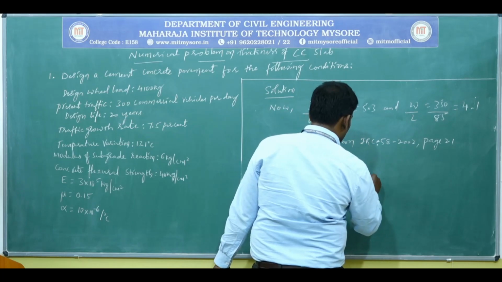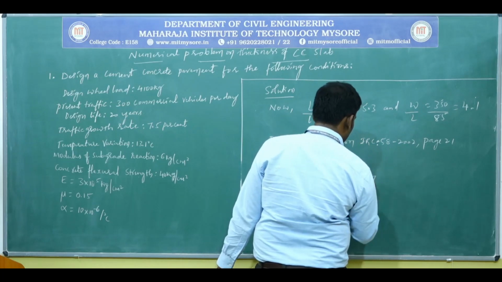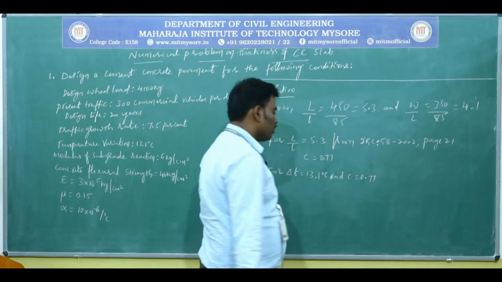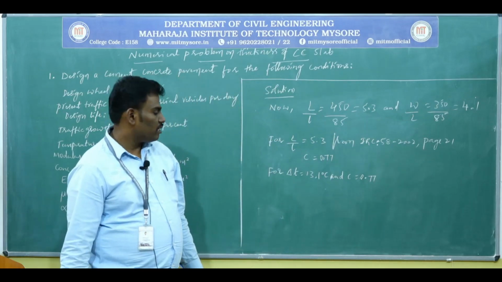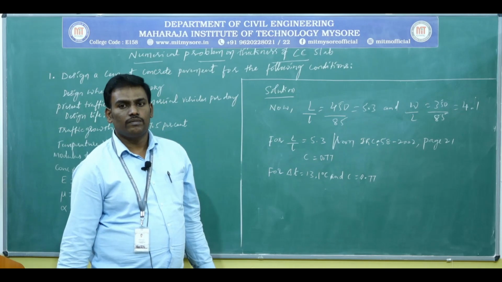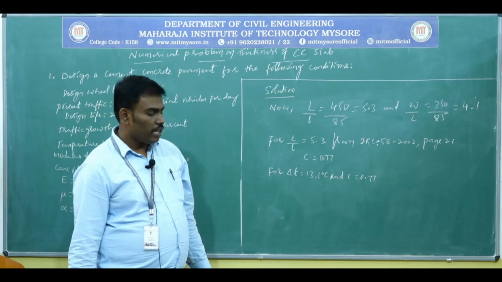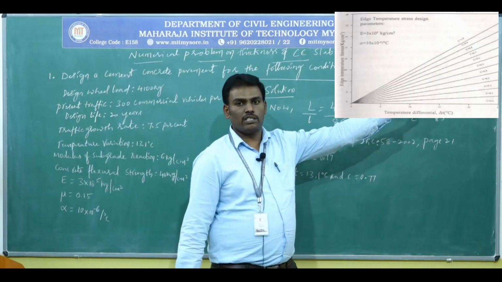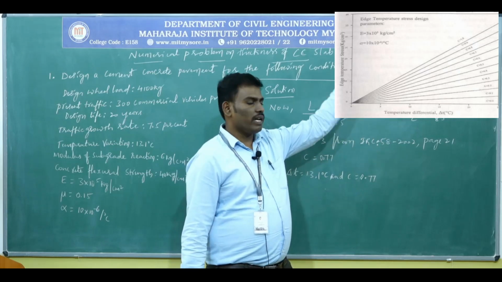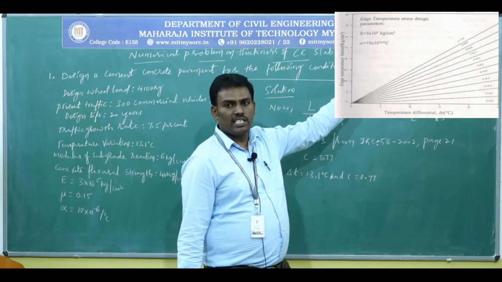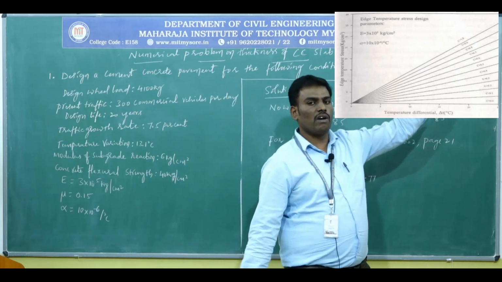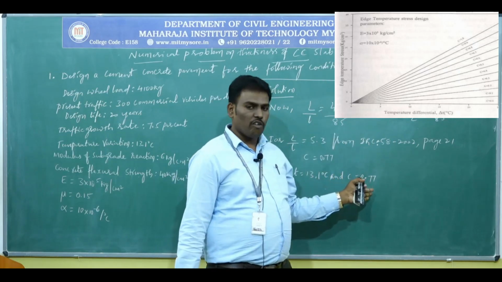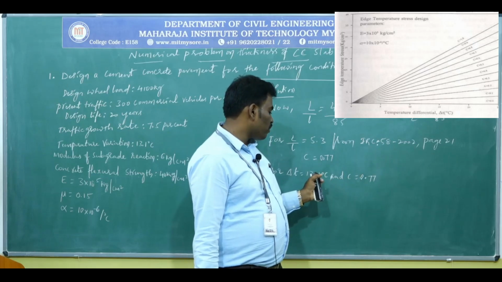Next, for delta T equal to 13.1 degrees centigrade and C equal to 0.77, how much do you get for your temperature stress at the edge region? Refer here. In the x-axis we have temperature difference delta T in terms of degree centigrade. The y-axis is the temperature stress at the edge region in terms of kg per centimeter square, and the curves are for coefficient C values from 0 to 1. We have a coefficient of 0.77 and delta T of 13.1 degree centigrade.